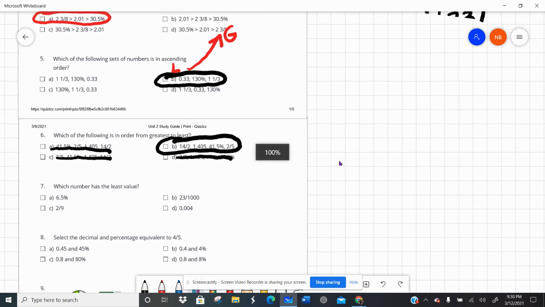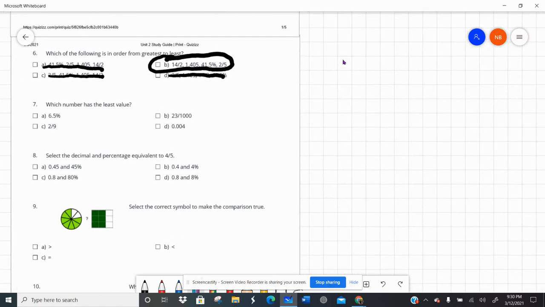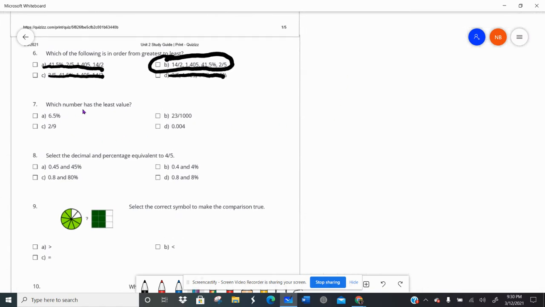It says, which number has the least value? All right. So when we're doing the least value, and we're dealing with fractions, decimals, and percents in general, when we're ordering, we really want them in the same form. So let's look at this 6.5%. Let's make that a decimal. Remember, we're going to the left. 1, 2.